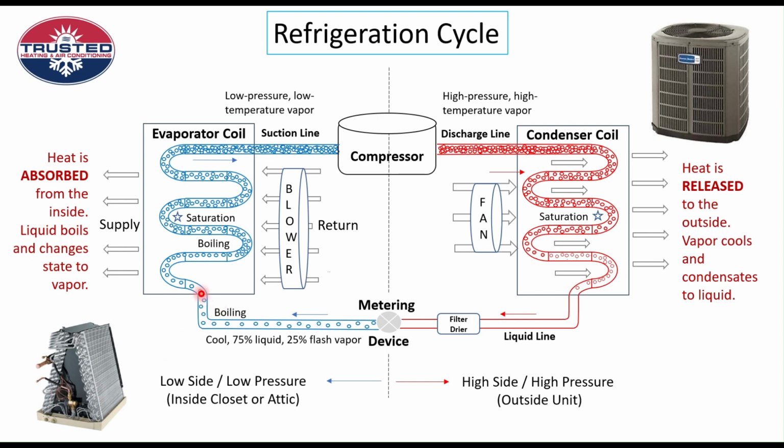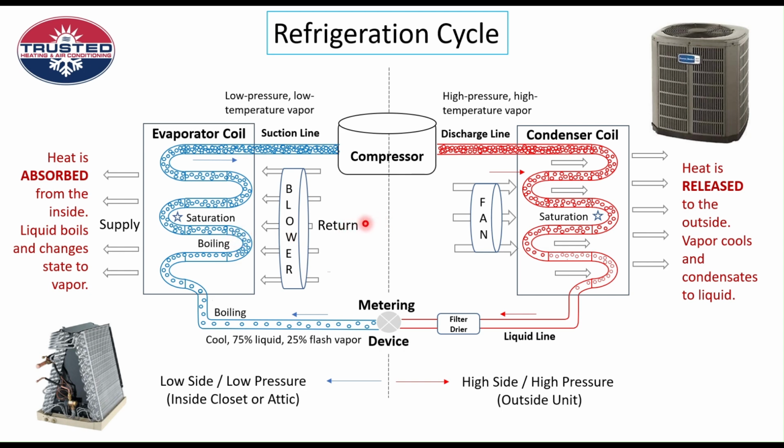Then it boils, and I won't go into the details, but the reason it does is because it's a refrigerant and it has different thermodynamic properties than, say, water. So it is picking up heat.